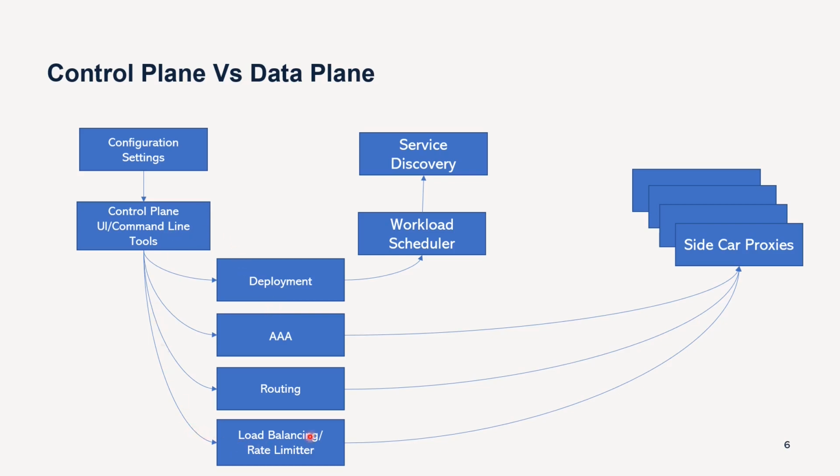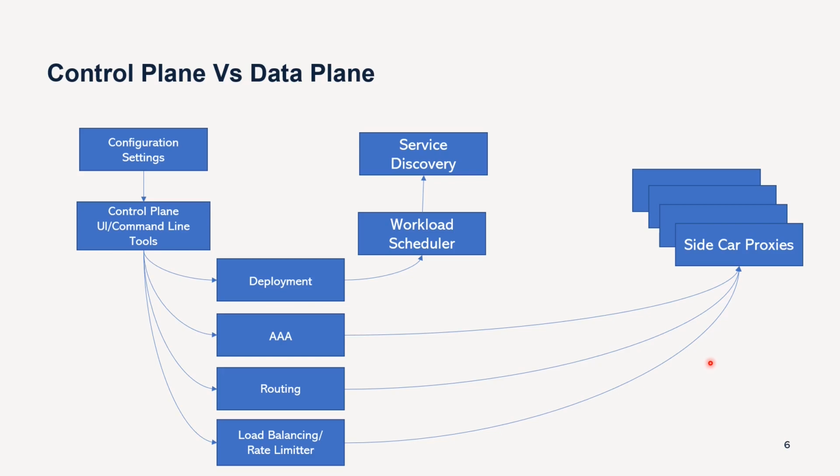After these policies are written down by property files or by some UI or command tools, you can generate the sidecar proxies. These sidecar proxies are going to inherit these properties, attach to each service, and cater to all those requests coming from clients. So this is how the whole thing stacks together.